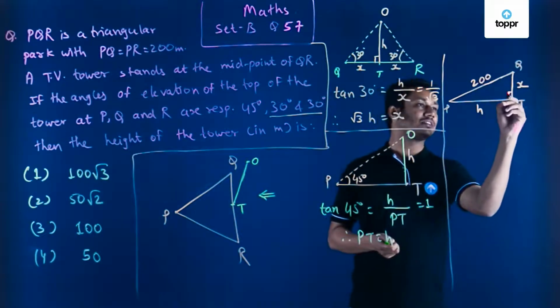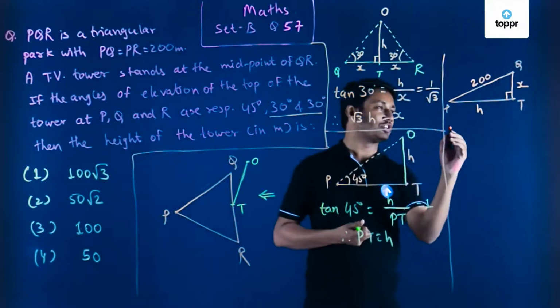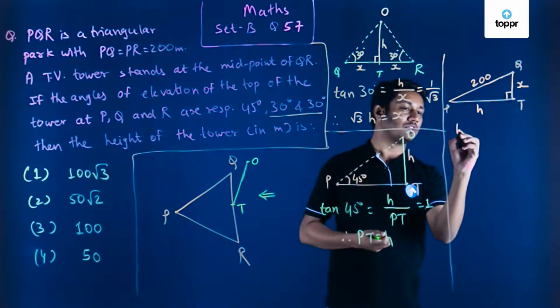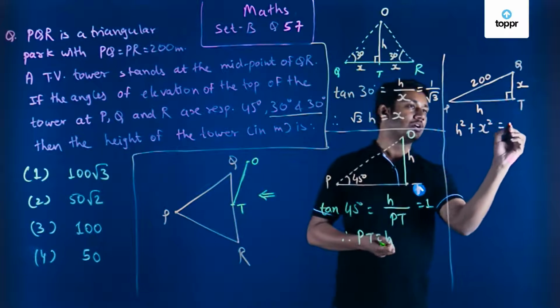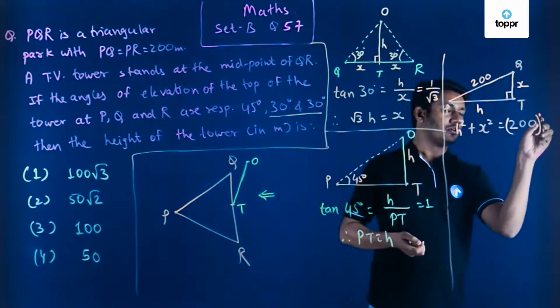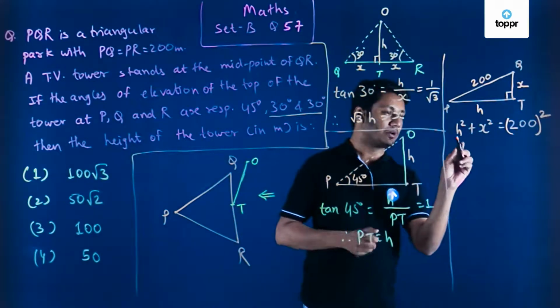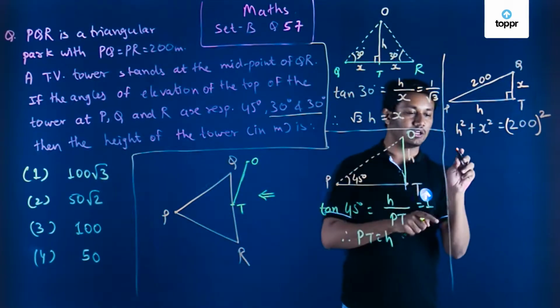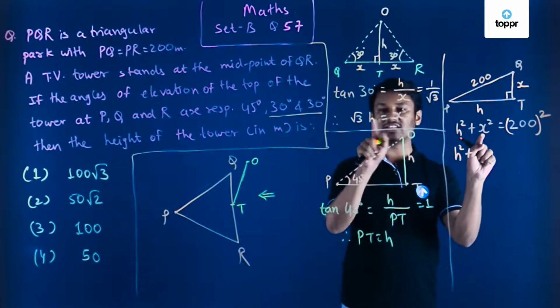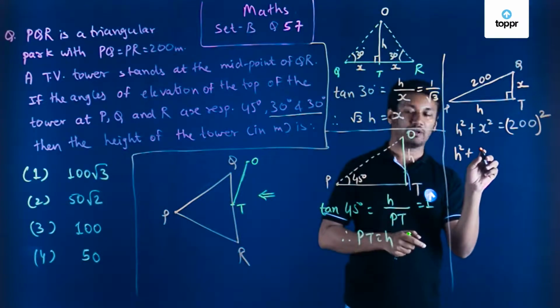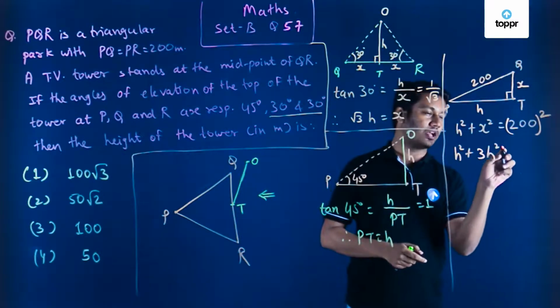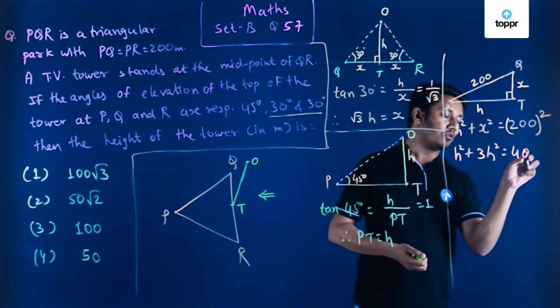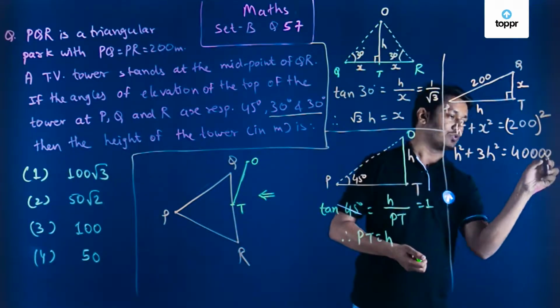Now this is a right angle triangle right here. So I can apply Pythagoras theorem here. Pythagoras theorem will give me h square plus x square equal to 200 square. Now we will replace for x here, h square I'll keep as it is, x is nothing but root 3 h. So root 3 h square will be nothing but 3h square, and this is nothing but 40,000.